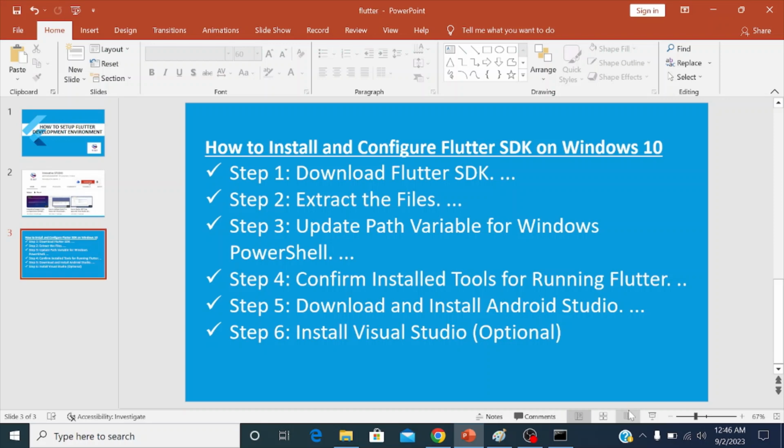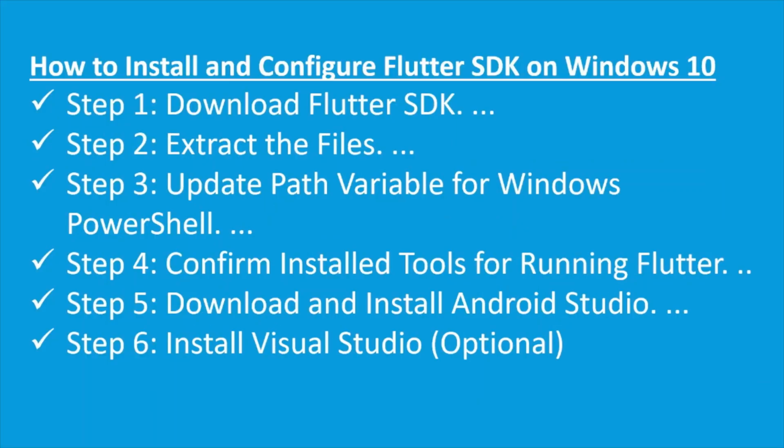So guys, you can see here up to now we have done the first step, downloaded the Flutter SDK. Second step, extracted the file. Third, we opened the environment variables from the system properties window.